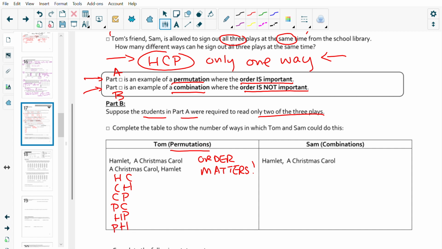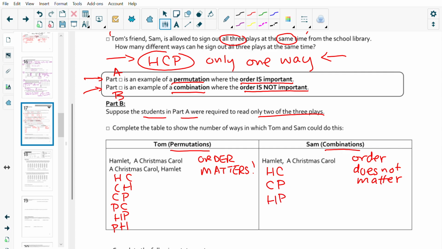How about Sam? Remember, this is a combination, so we're starting a new topic. Order does not matter. So if order doesn't matter, 2 at a time, these are the only ways Sam could sign out the plays. So HC, CP, and HP.